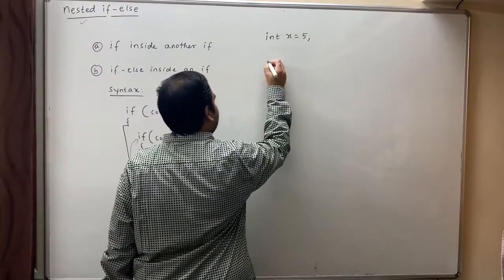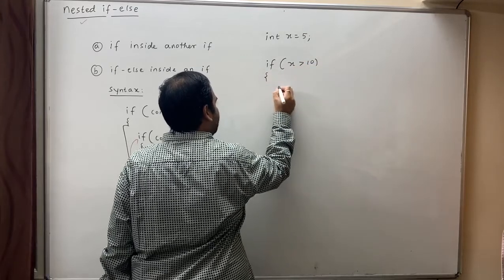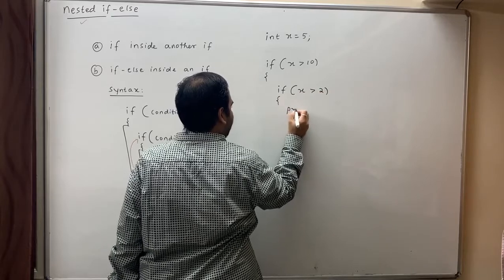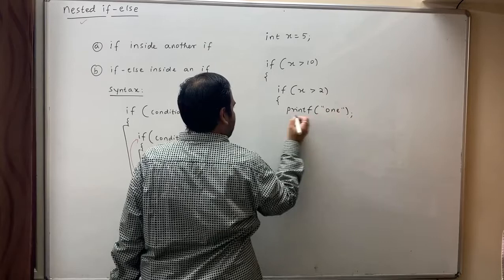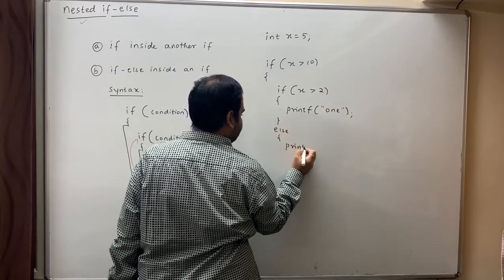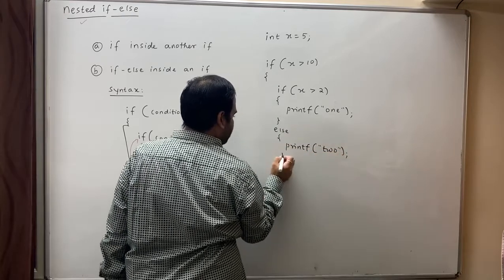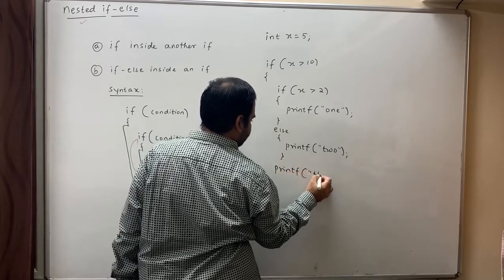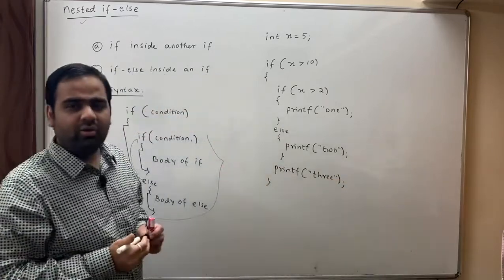And I write here if x is greater than 10, and I say here if x is greater than 2, printf 1, and we say here else printf 2. And here we say printf 3. Okay. Now, how do we evaluate it?